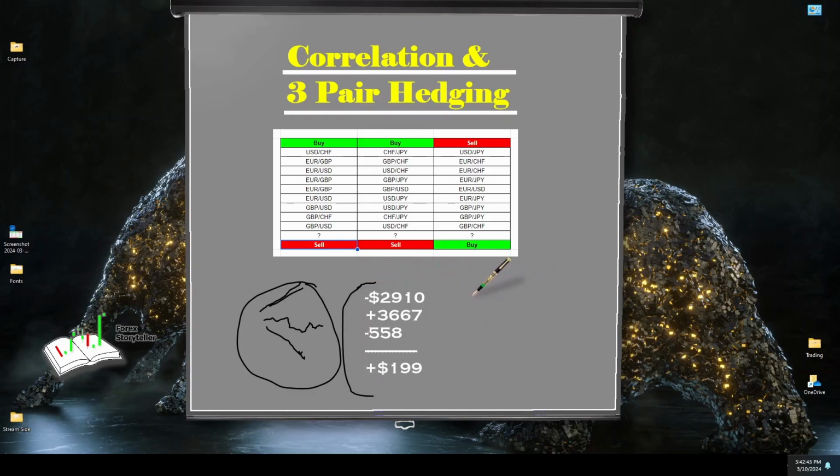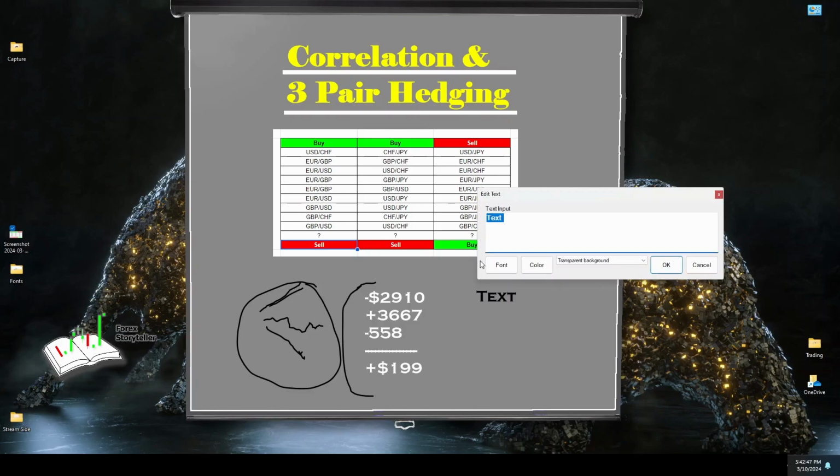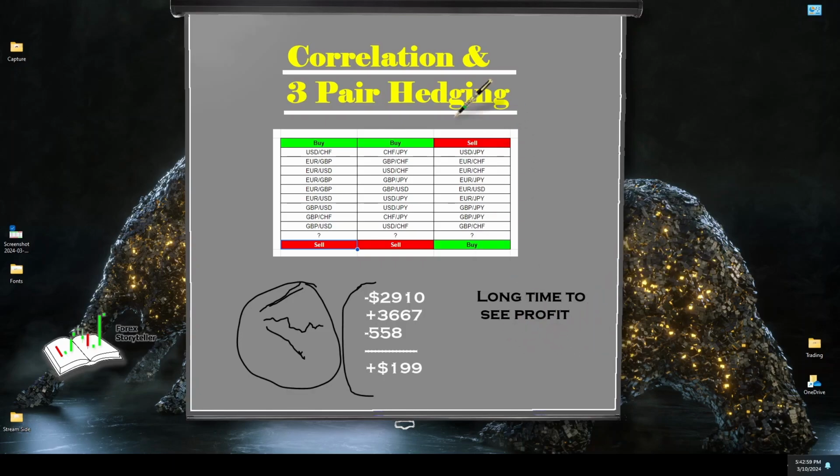But this is one of those strategies that can take a long time to see profits. So that's one thing to look out for when approaching this style of hedging.